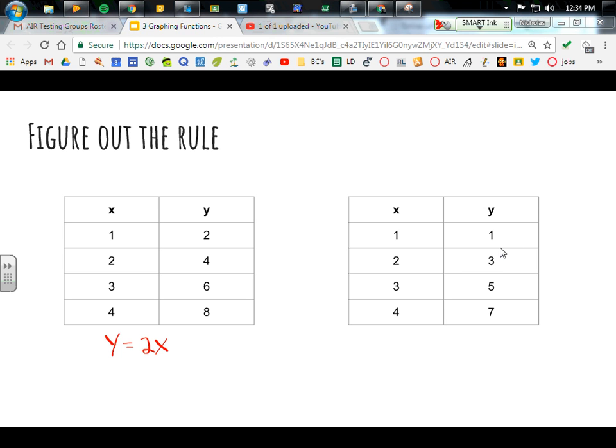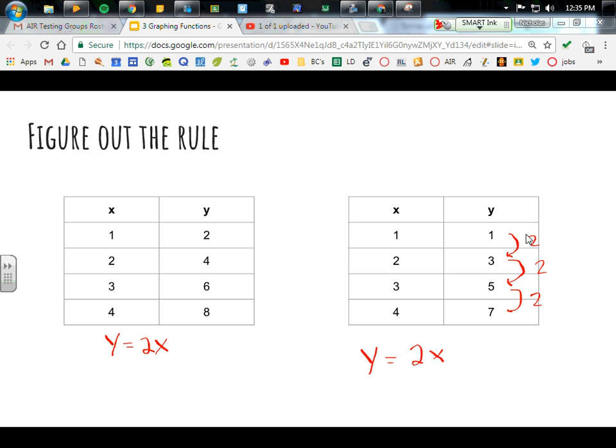What we do first in a case like that is look at the change in y. To go from 1 to 3, from 3 to 5, from 5 to 7, in all of those cases we are increasing by 2. So it's a positive 2. You're going up by 2. So our function is going to start with y equals 2x, 2 times x.